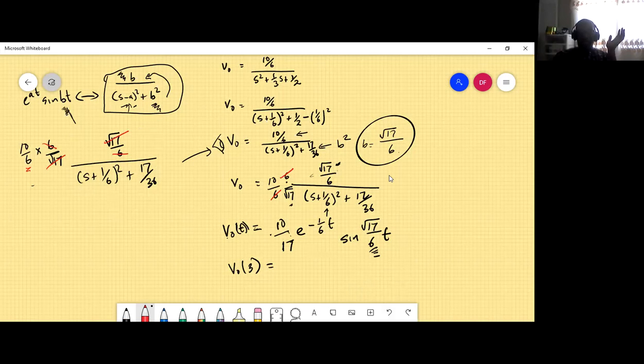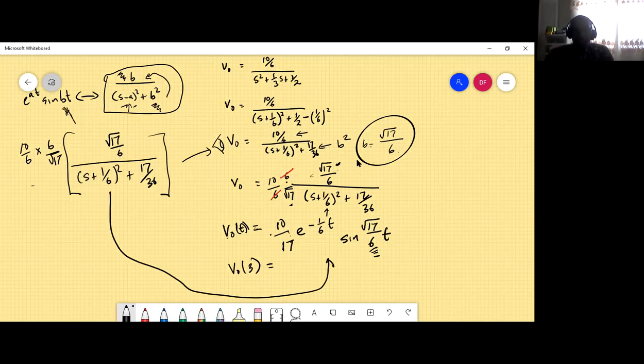But I want to be able to use this Laplace transform, so it has a b up top, which is root 17 over 6. So I have to fix up the transform. So now I can write it as this here.